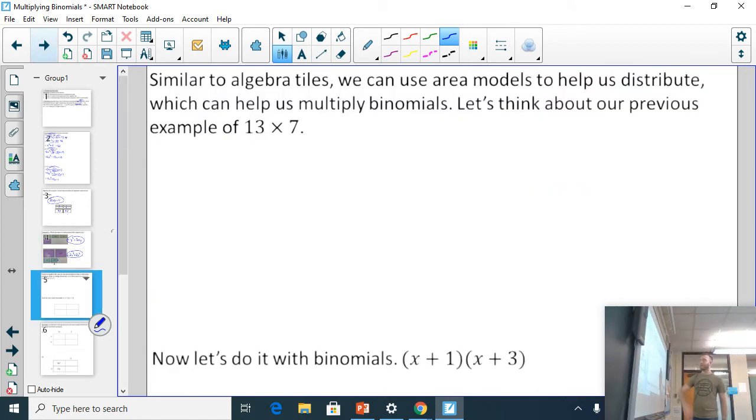So, similar to algebra tiles, we can use area models to help us distribute, which can help us multiply binomials. Let's think about our previous example of 13 times 7.